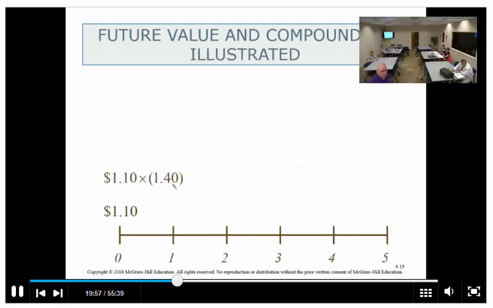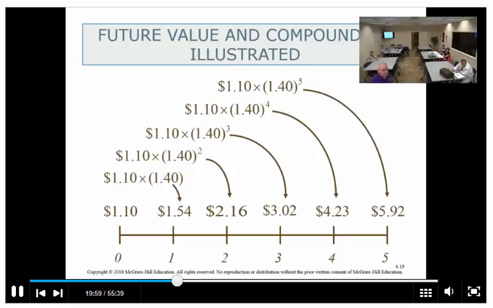Now, I left this in here because what's really happening is the $1.10 times 1.4 is $1.54 after 1 year, but then the next year, the 1.54 times 1.4, and then 2.16 times 1.4.